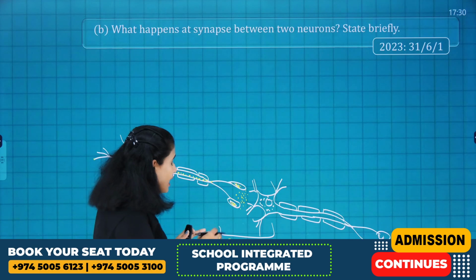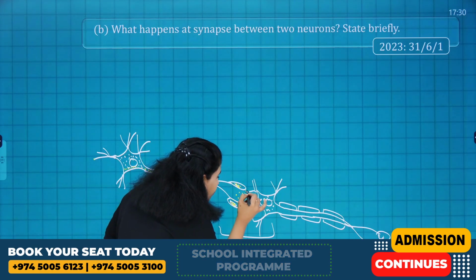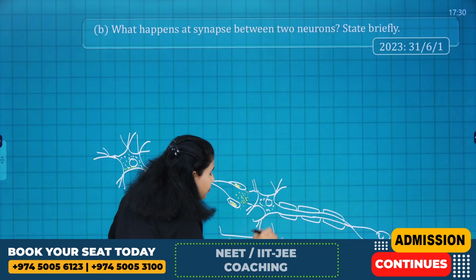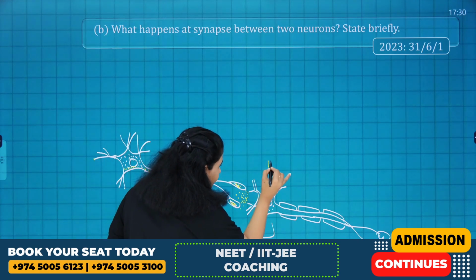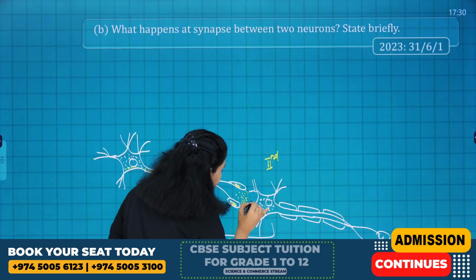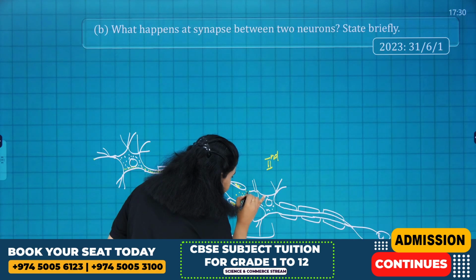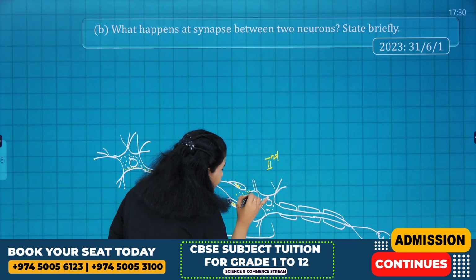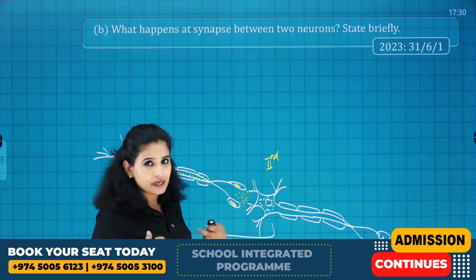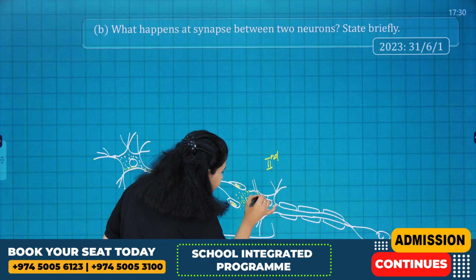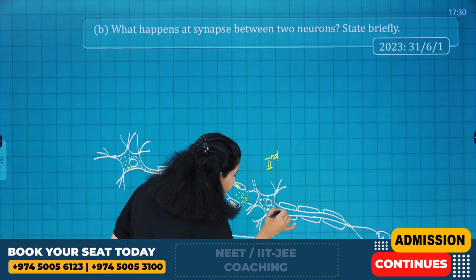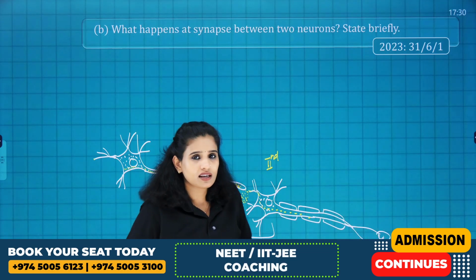These chemicals can stimulate the next neuron, and the second neuron gets stimulated by these chemicals, and again an electrical impulse is generated here, and that electrical impulse will travel through this.